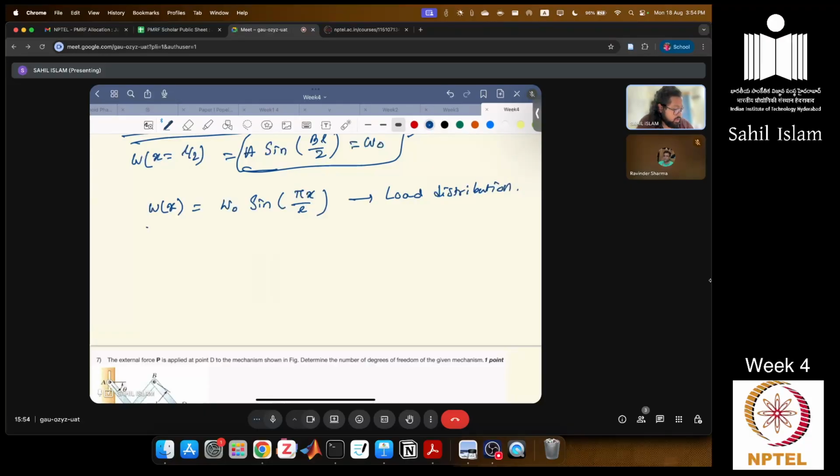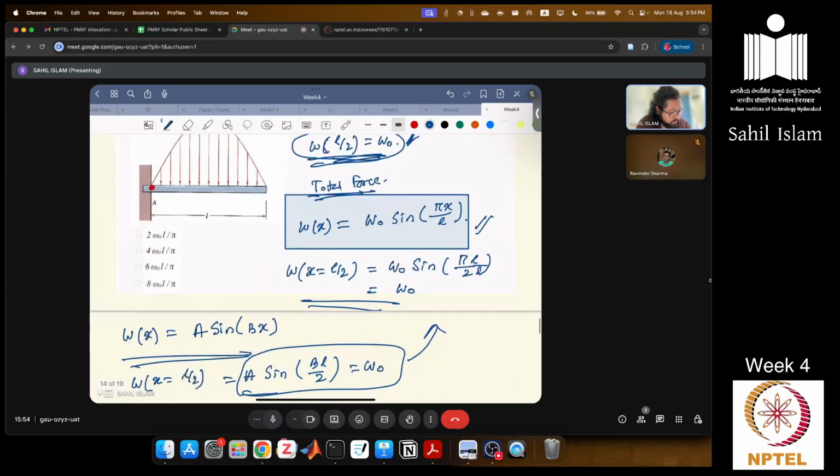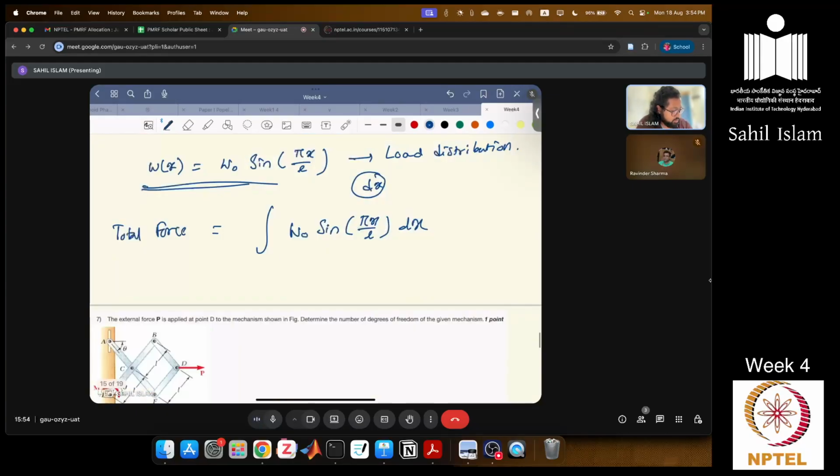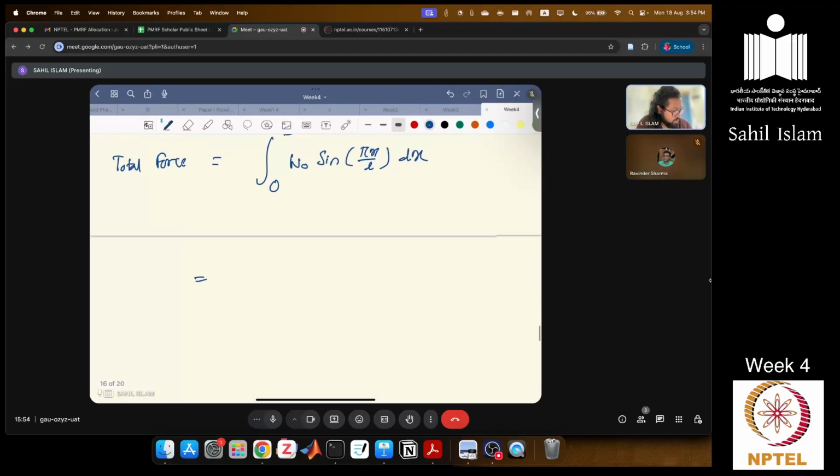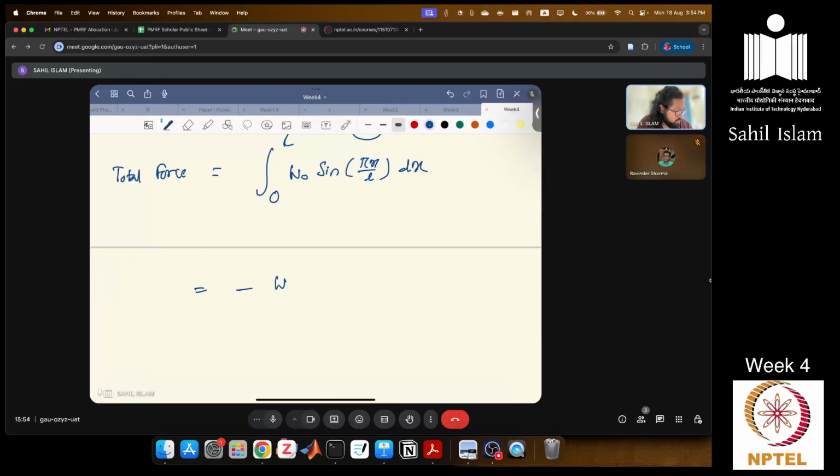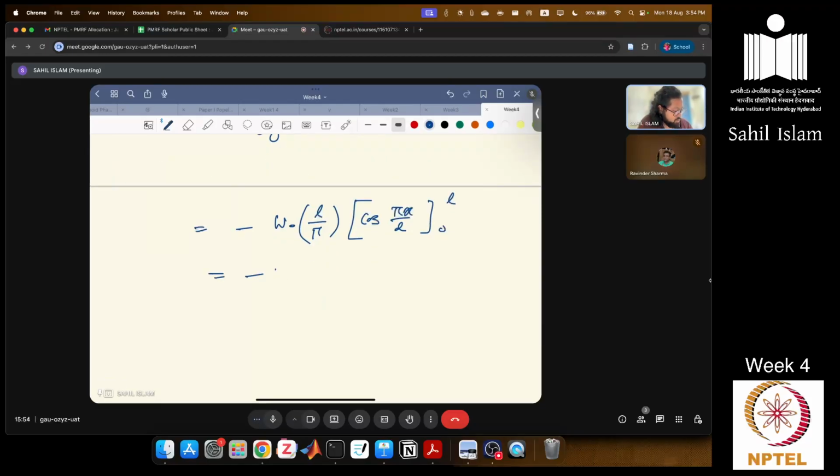So this is the force acting at every small element dx. So the total force is, we integrate omega 0 sine pi x by L dx from x equal to 0 to x equal to L. So you get minus omega 0 L by pi cos pi x by L from 0 to L. So what is it?